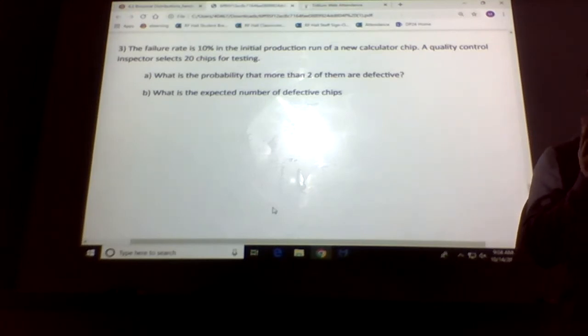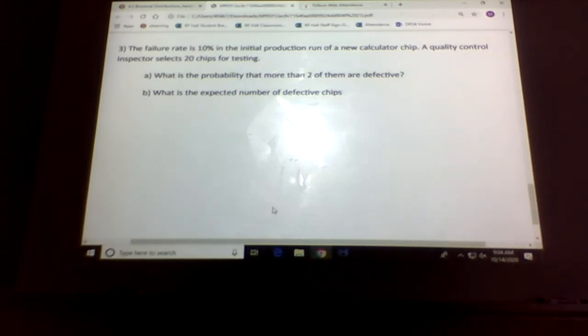Okay, 1 and 0, okay? So instead of doing 3, 4, 5, 6, 7, 8, all the way to 20, that would be a lot of calculations. Imagine writing that, and doing that one like 17 times, okay? So what we can do is get the total, in this case it's probability, so the total is 100%, and then subtract 0, 1, and 2.